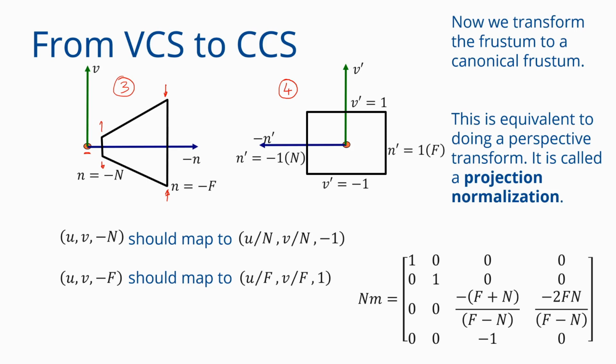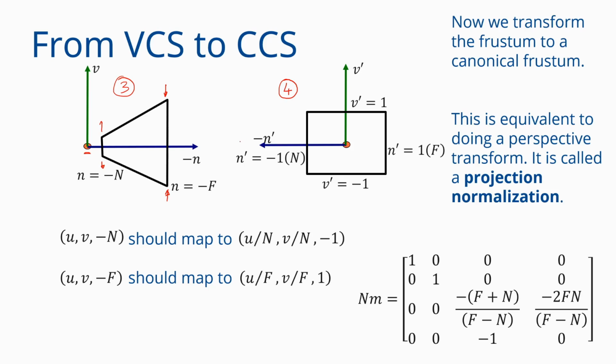The form of this perspective transform, you are going to have to take my word for it, and you will verify that the perspective transform that I show you will do what I say it is going to do. So when you start this process in this frustum number 3, the near plane is at -n, the far plane is at -f, and the side planes are ±n.